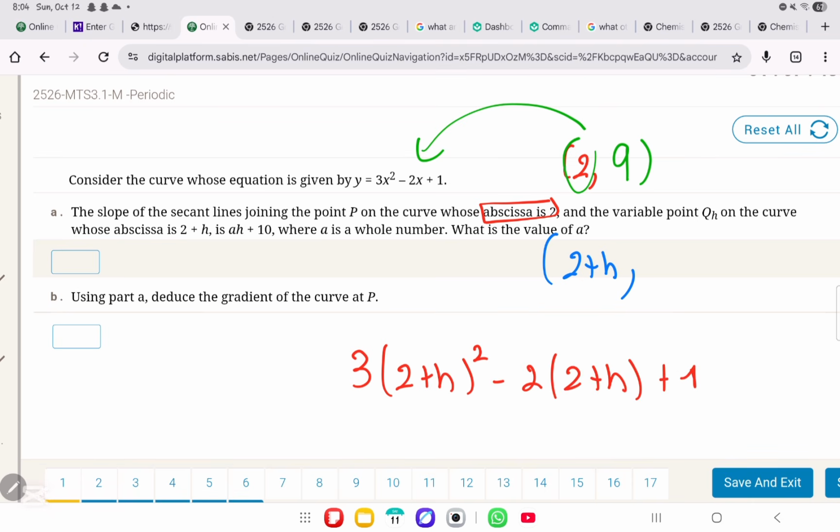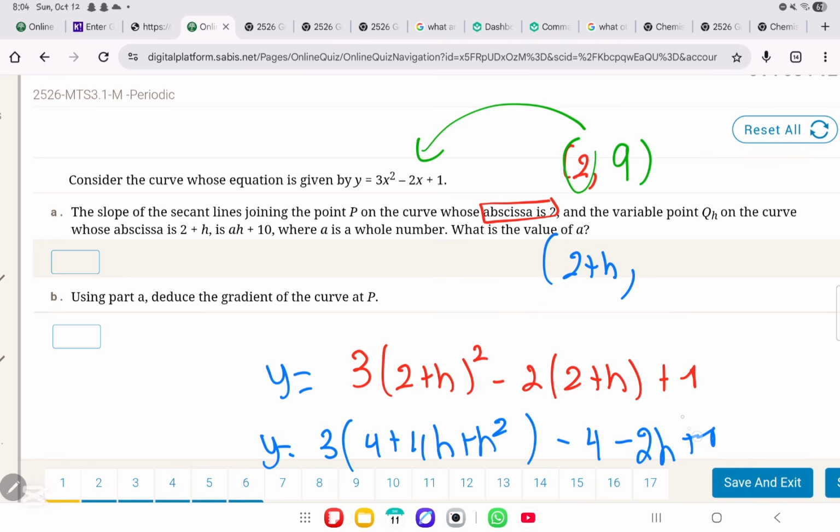So let me get my paper because I have it already solved. So it's going to be y is equal to 3 times 4 plus 4h plus h squared minus 4 minus 2h plus 1.